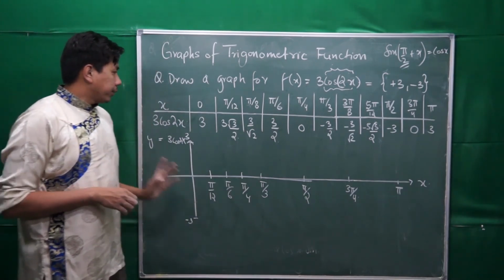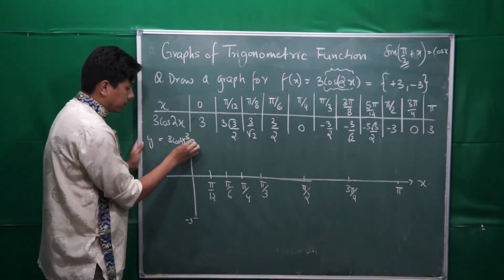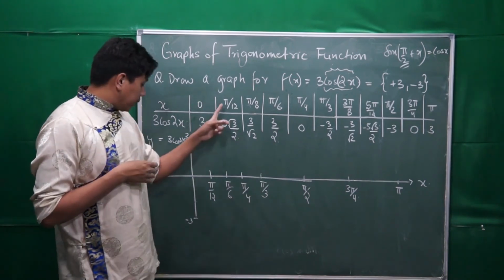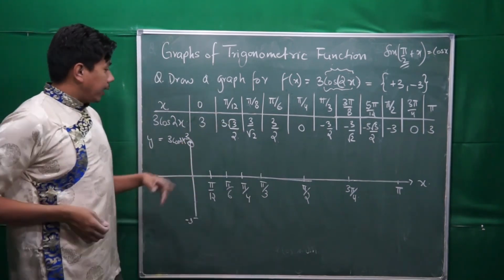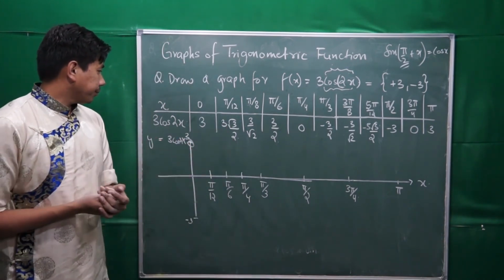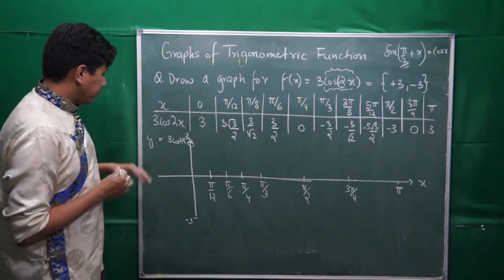So from here we can write, when x is 0, y equals 3. This is my first coordinate. When x is equal to pi by 12, the value is 3 root 3 by 2, somewhere around 2. Let's say somewhere around 2, not exactly 2.